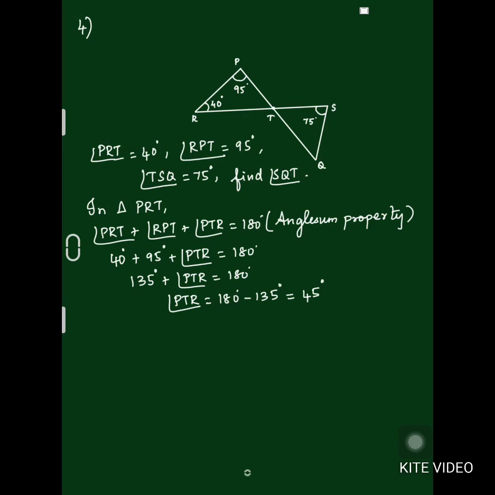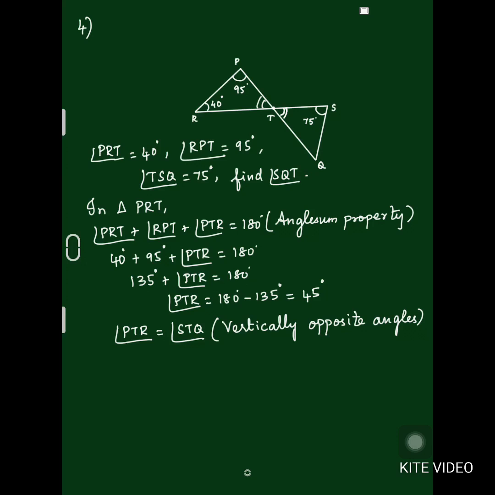You know PQ and RS are intersecting at the point T, so vertically opposite angles will be equal. What are the vertically opposite angles? Angle PTR and angle STQ. So angle PTR is equal to angle STQ. What is the reason? Vertically opposite angles are equal. When two lines intersect each other, vertically opposite angles are always equal.